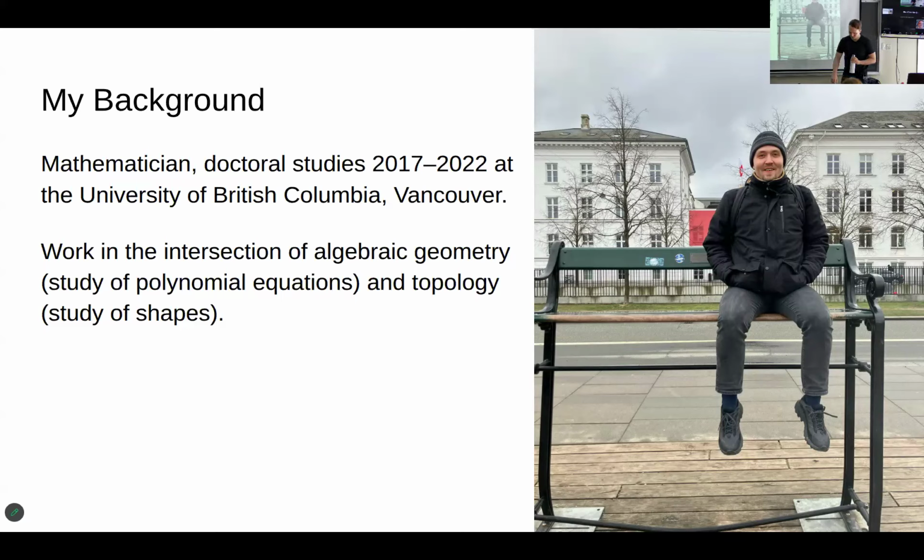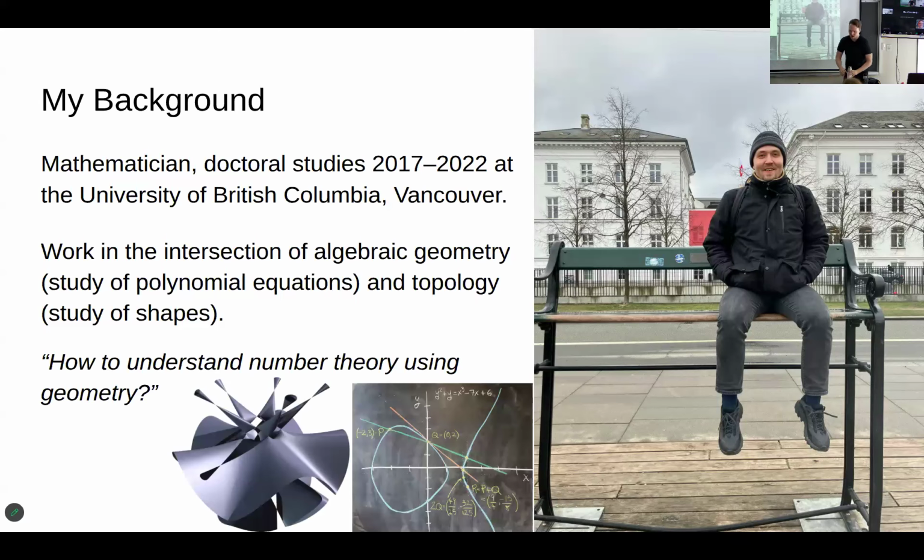One way to think about how these two interact is that every time you take a polynomial equation, its solutions form some sort of shape, at least if you're working with real numbers or complex numbers. In general, the main question I was working on could be summarized very briefly as: how to understand number theory using geometry.